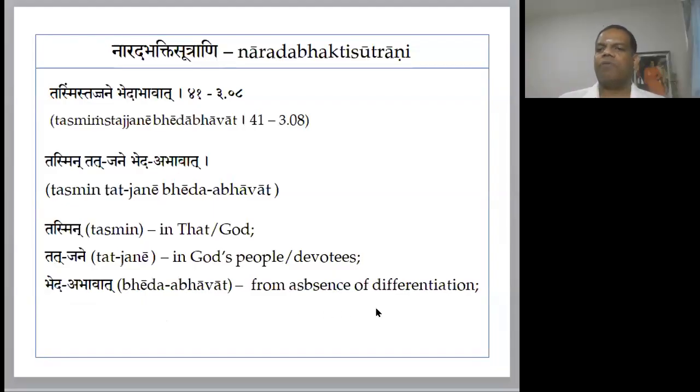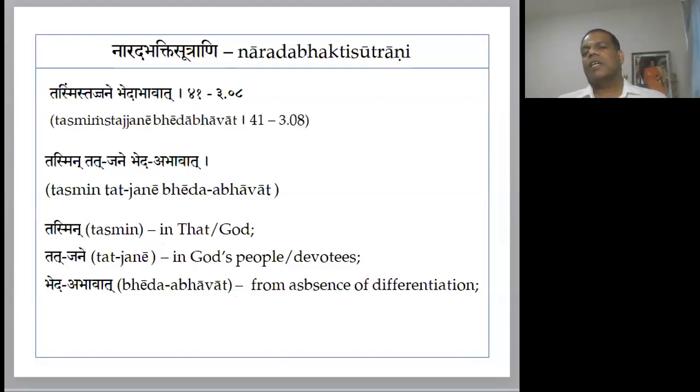So there's an absence of differentiation. The vat ending denotes the fifth noun form, the panchami vibhakti, which means from. Okay, from such absence of differentiation in God and in God's people.